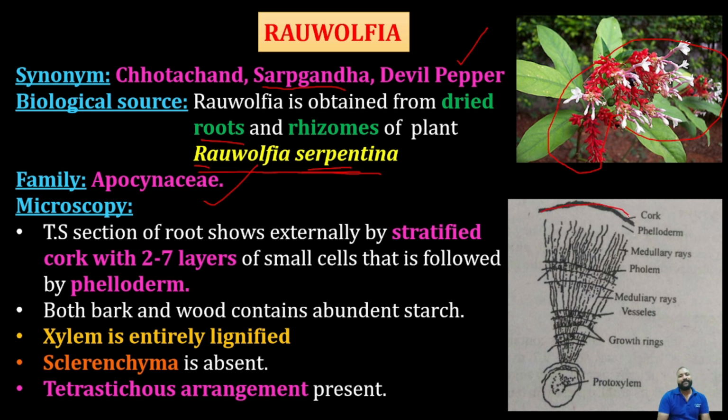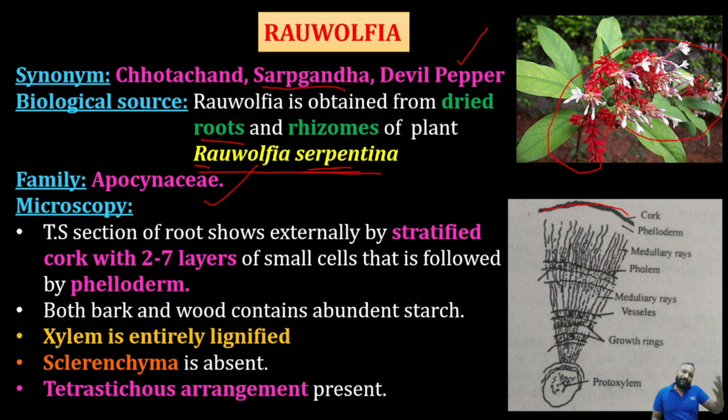My dear aspirants, as a pharmacognosy professor, I'll tell you that if you can't remember the microscopical section of a particular plant part, you should think of some common parts that will be there.